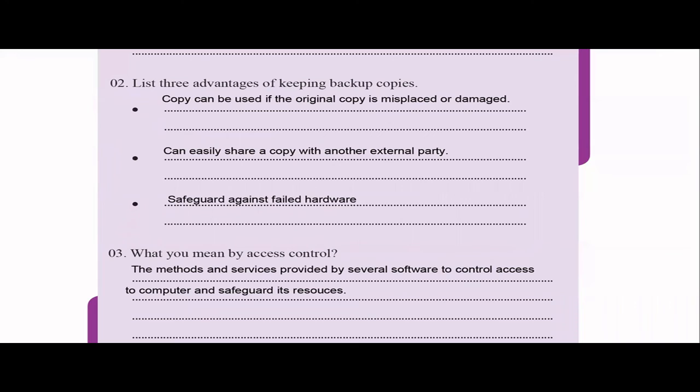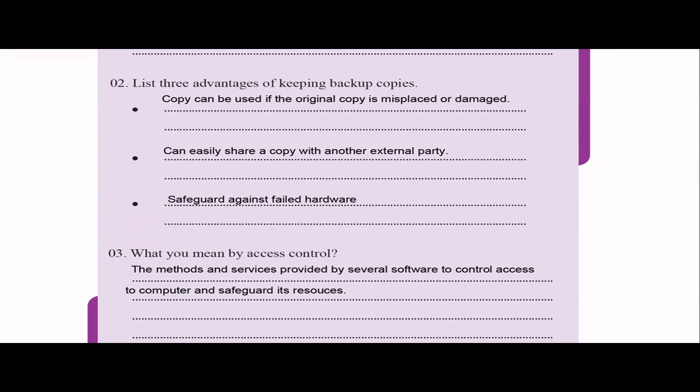So here they're asking to list 3 advantages of keeping backup copies. The main concept is, if you lose the original copy, if it is modified, misplaced or damaged, or if you want to revert it back, you can use the backup copy. That's the main purpose of having a backup.